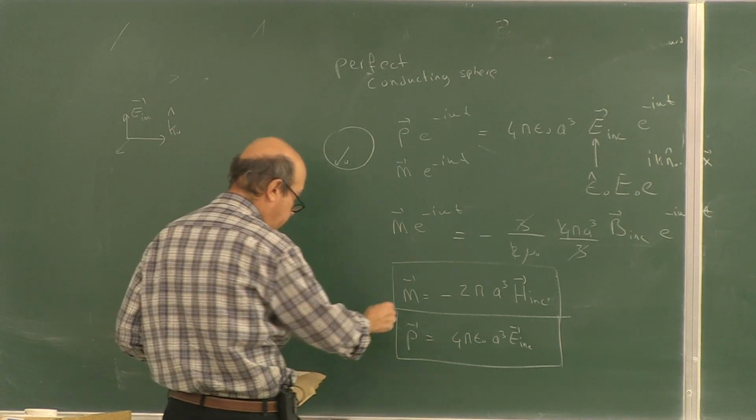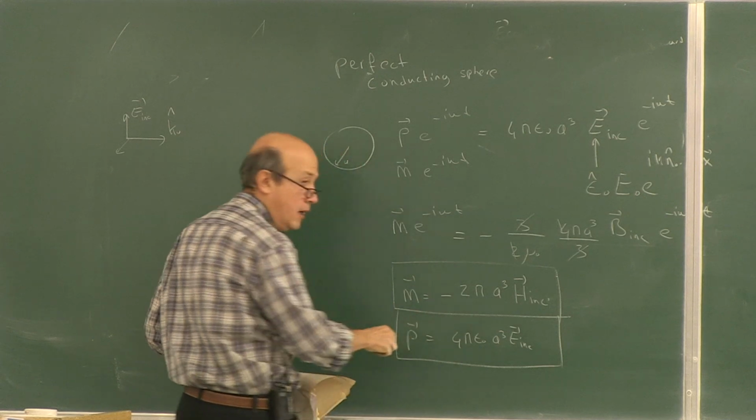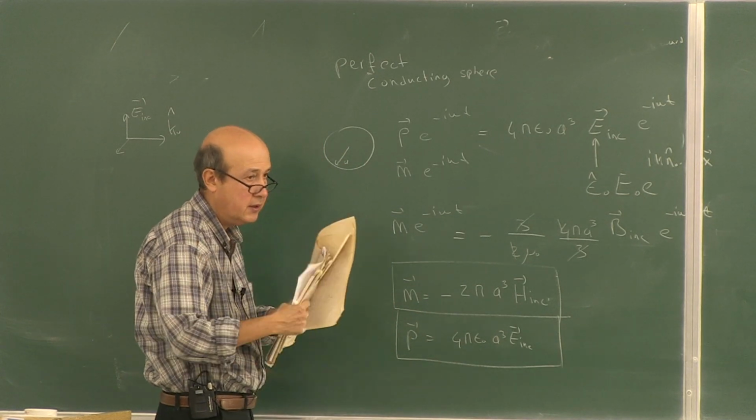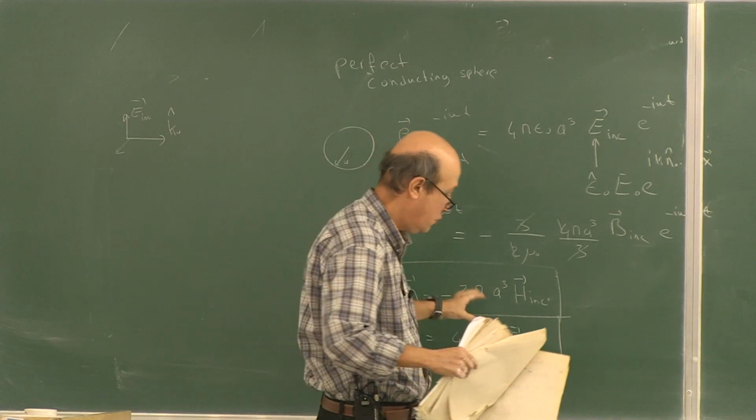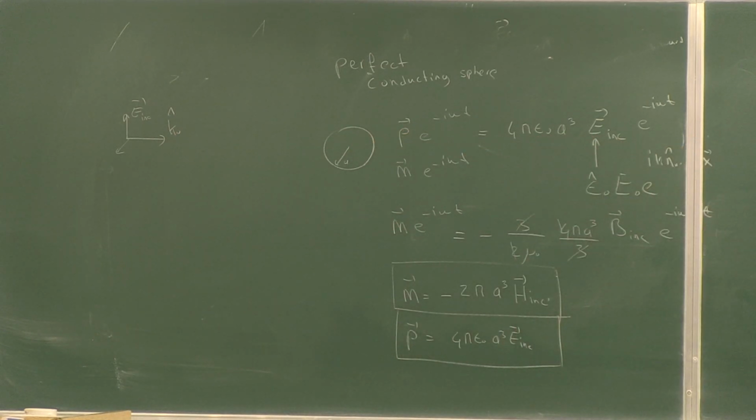And what is the relation? M and P are mutually orthogonal to each other, because the electric field and the H are mutually orthogonal to each other. So these are the sources of the scattering.